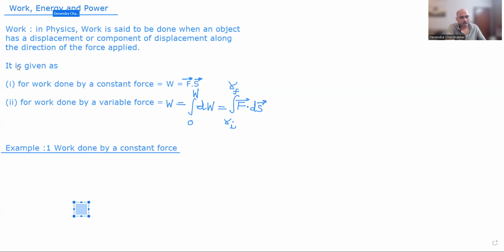This is a block which we take from this point A to this point B. What will be the direction of mg? This is the direction of mg acting on it, right? And this is the displacement of the block.